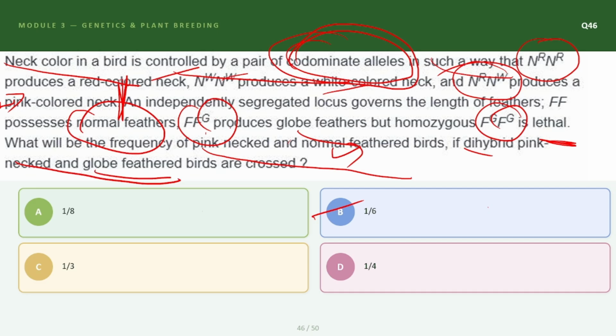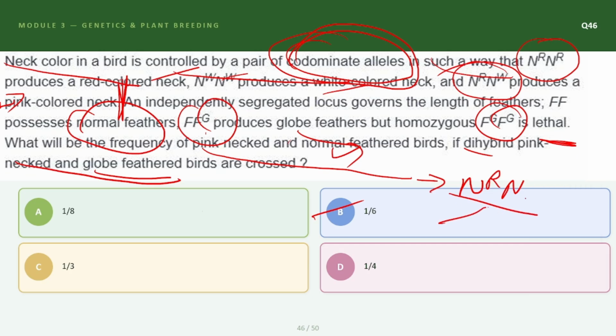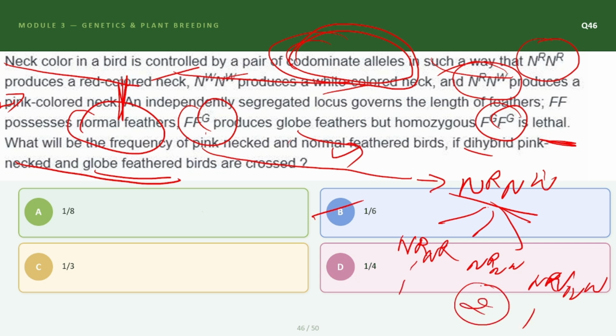Both are heterozygotes. For example, NR, NW, how does it segregate? NR NR, NR NW, NW NW. In which ratio? 1 is to 2 is to 1 ratio. Okay, 2 by 4. This is clear.